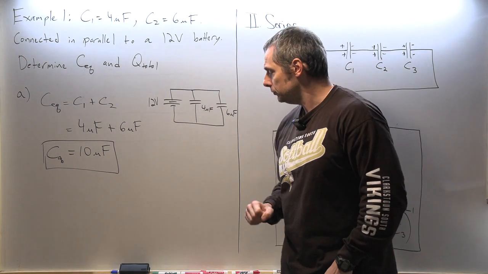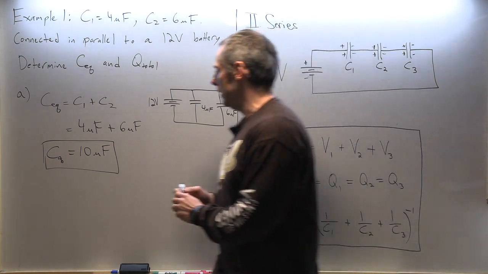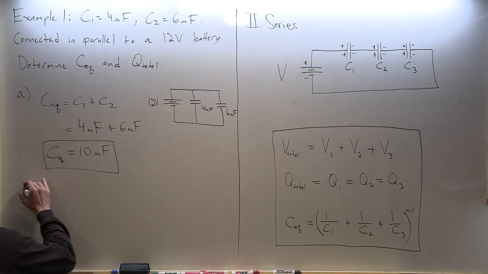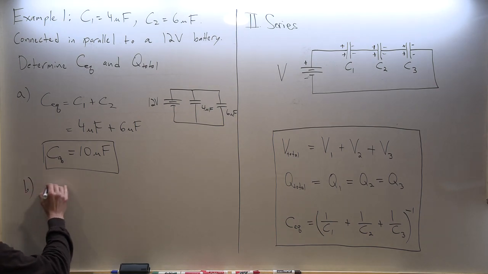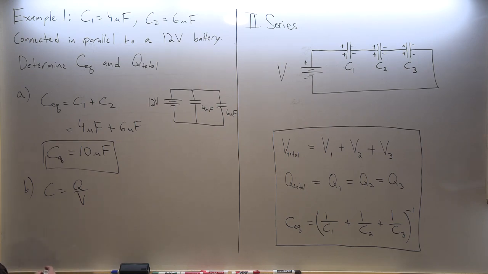The next thing, the total charge. In order to find the total charge, you use C equals Q over V. But what you do is, to find the total charge, you're going to use the total capacitance over the total volts.